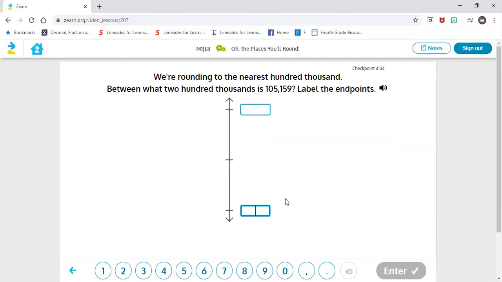So I have 1 in my 100,000s place. So my lower number will have a 1 in that place. So that's 100,000. And then I'm going to add 1 to my 100,000s place. And 1 plus 1 is 2. So it's 200,000.